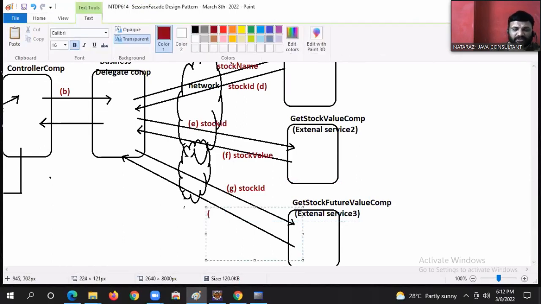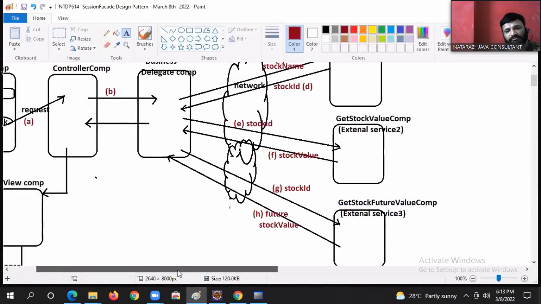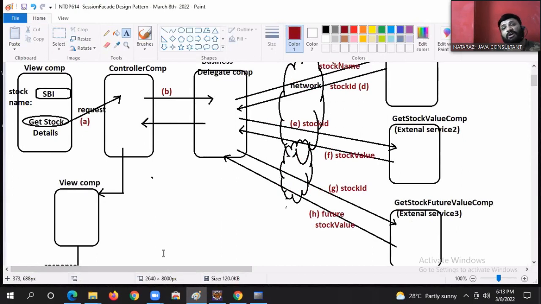Next, H. Future stock value as the output value, guys. Are you understanding my statement here? Are you getting clarity here, guys?